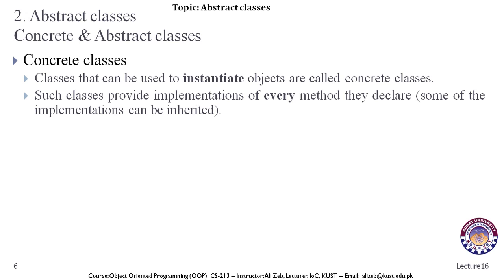As we saw in the abstract classes, when we declared a method as abstract, we do not need to provide implementation for that method. The implementation of that method is provided in the subclass of that class. So we can say that an abstract class needs a subclass in order to implement the methods of that class.